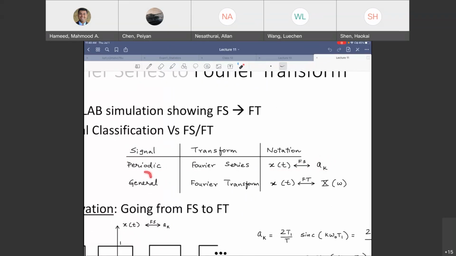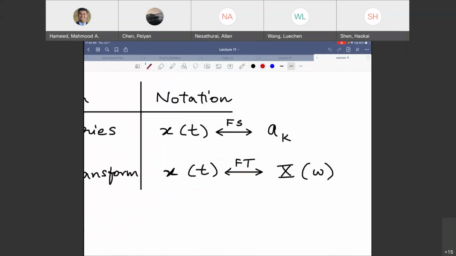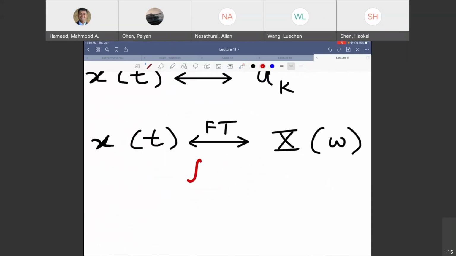Now, for a general signal, which means both aperiodic as well as periodic signals, you evaluate Fourier transform. And the way you write out Fourier transform is, on the left, you have the time domain signal, x of t. And then you write FT on top of it.